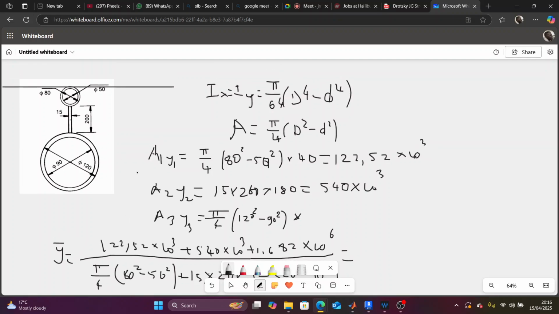Now, 80 plus 200 plus 60, what's the answer? It's 59. No, it's not 59. I'm saying the distance here. What is that distance? 80 plus 200 is 280. Plus 60, it has to be 340, right? Yeah, 340.